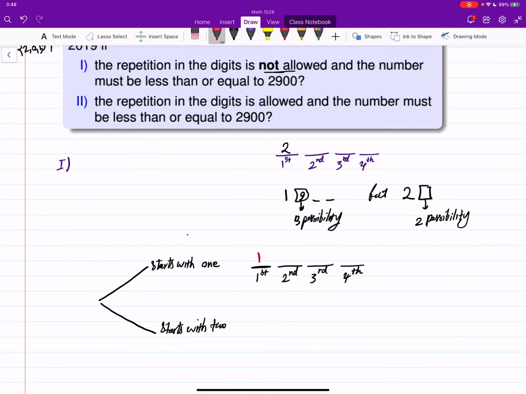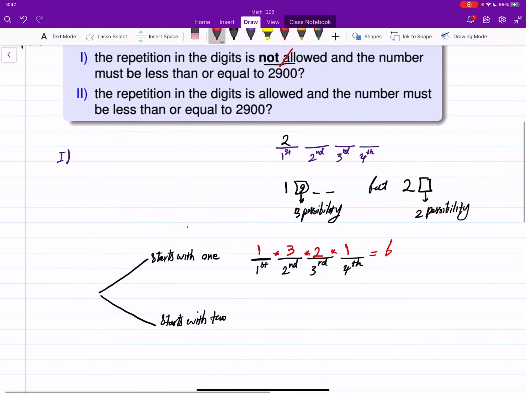We are not allowed to use 1 itself because repetition is not allowed. So there will be 3 possibilities there. Now, for the third one, I have used 2 of these digits, so there will be 2 remaining, and then there will be 1 left for the last one. So all the numbers that we can create starting with 1 will be only 6, yes?